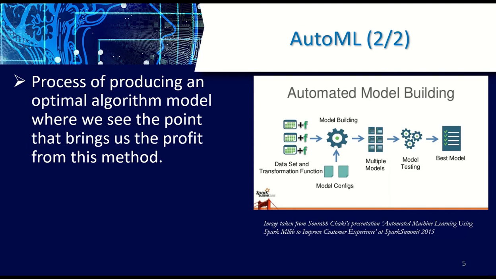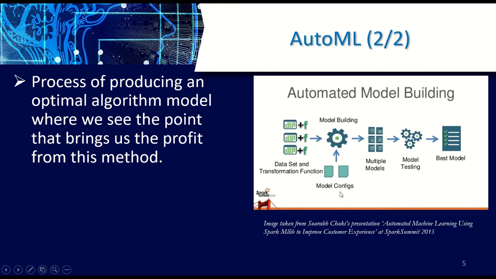So here we are seeing a small picture of how this automated machine learning model is built over time. We have here our dataset. Then with the transformation function, we insert it into the model building.